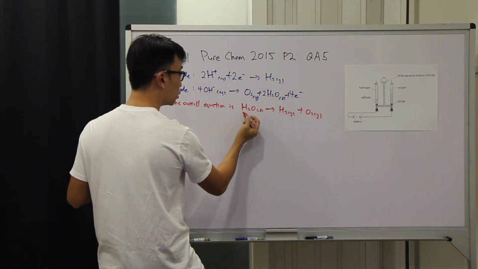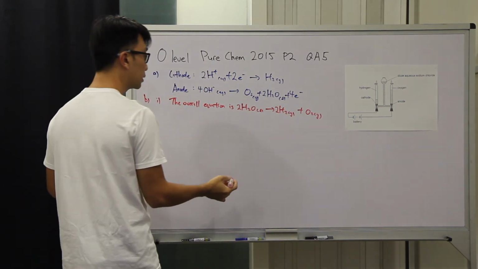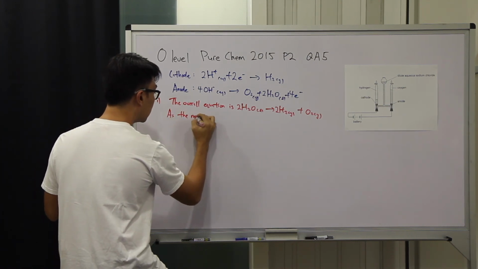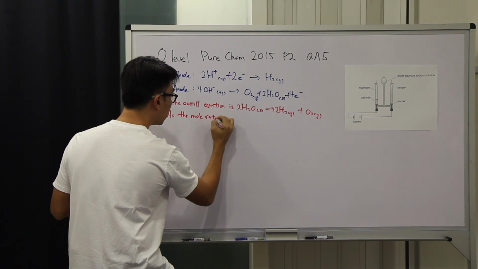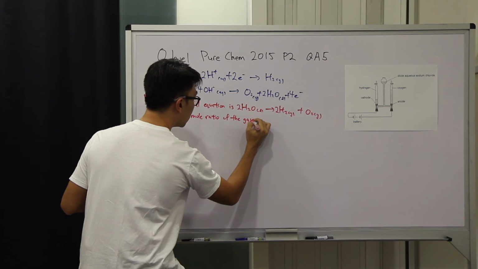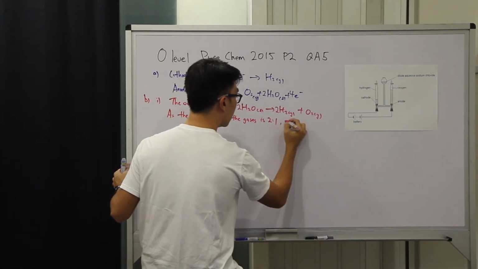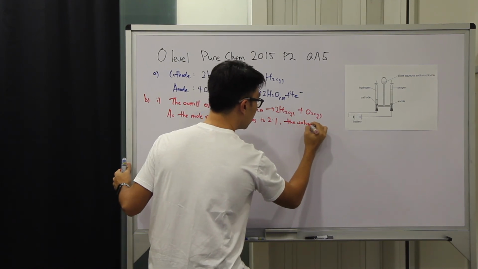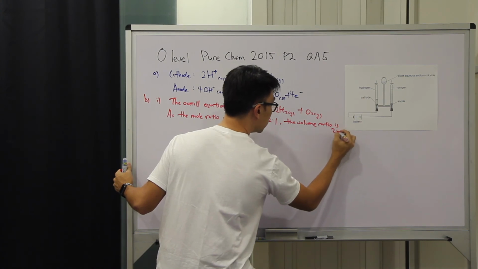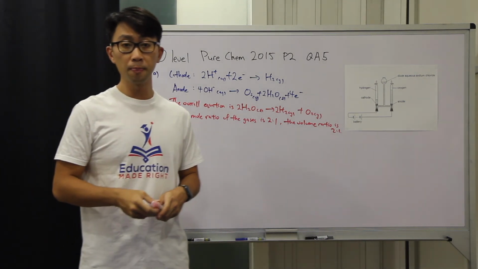To balance this, we'll need 2 and 2. As the mole ratio of the gases is 2:1, the volume ratio is 2:1. So that will be for B part 1.